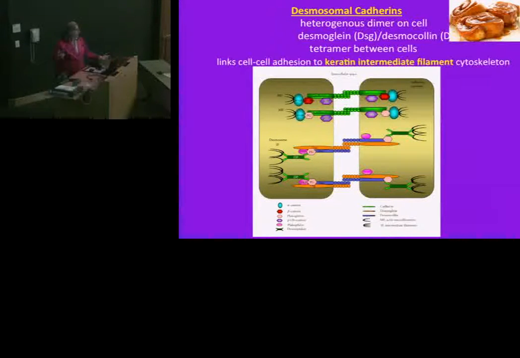So they link to different parts of the skeleton to tell the cells different things to do. These are complicated molecules. Desmosomal cadherins are heterodimers, so a molecule of desmoglein and desmocollin links to another dimer on another cell, whereas E-cadherins are homodimers.